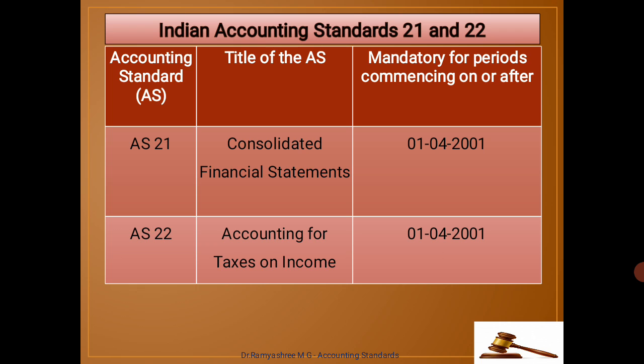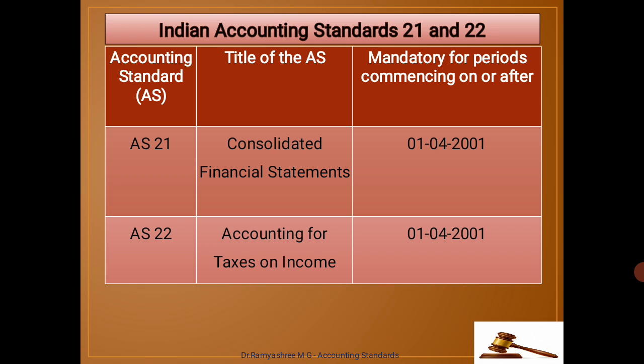Accounting Standard 22 deals with accounting for taxes on income. This accounting standard comes into effect in respect of accounting periods commencing on or after April 1st, 2001.